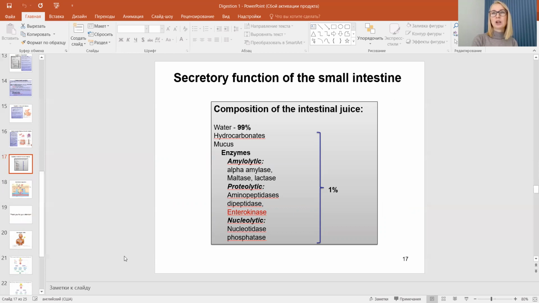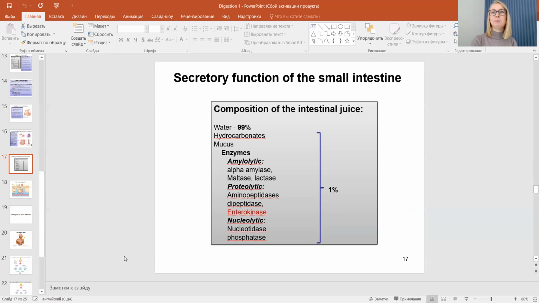Tiny finger-like projections of the mucosa form numerous villi, and each villus is covered by simple columnar epithelium and contains a blood capillary network and a lymphatic capillary called a lacteal. The blood capillary network and the lacteal are very important in transporting absorbed nutrients.